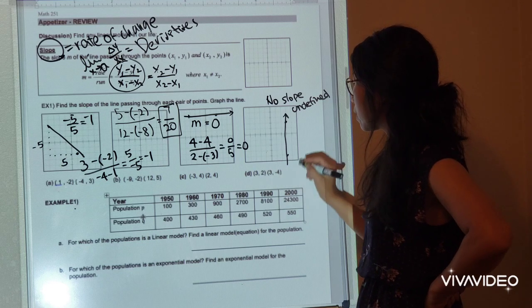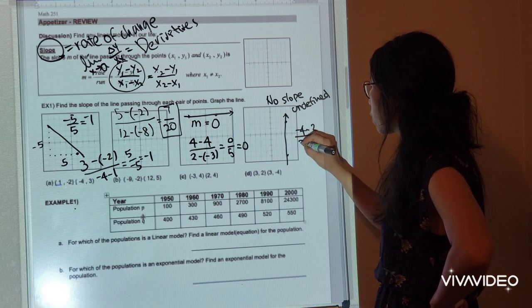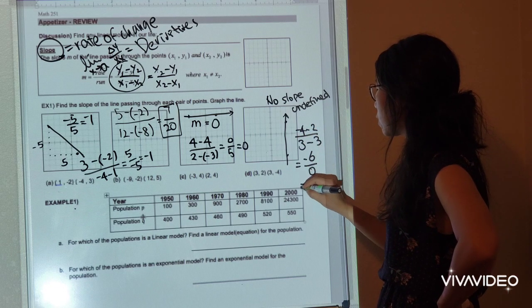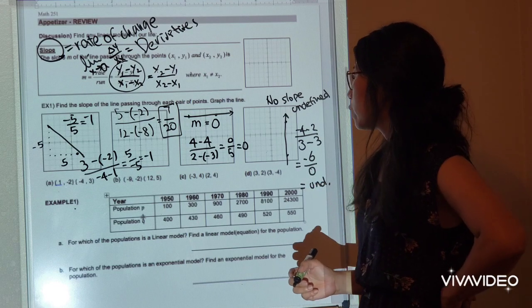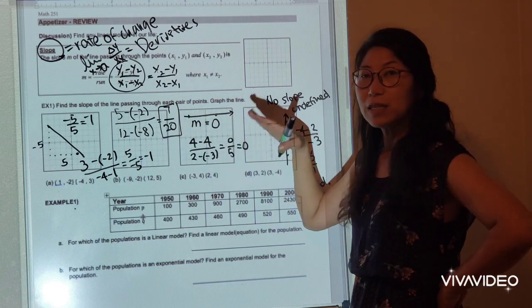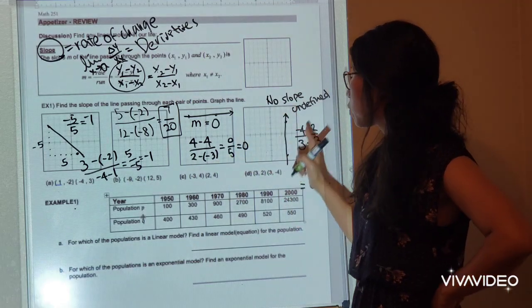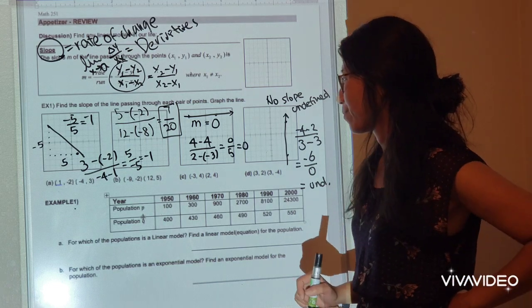Also, if you plug this into the formula, -4 minus 2 over 3 minus 3, that gives me -6 over 0. We know that this is undefined. So always remember the horizontal line has a slope of 0. Vertical line, slope does not exist because you cannot walk.